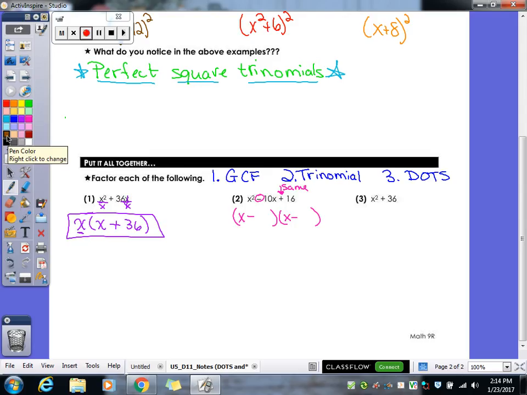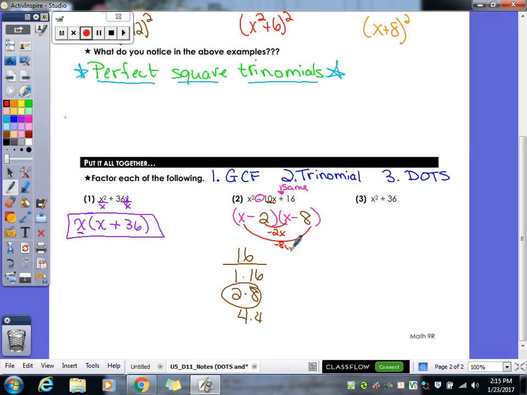And then we have to think of our factors of 16. We have 1 times 16, 2 times 8, and 4 times 4. We're trying to get a 10 in the middle, so the ones that stand out to me are my 2 and my 8. So we always want to do a little smile, big smile. Negative 2x, big smile is negative 8x. Combine those, I get my negative 10x, so I picked correctly for that one.